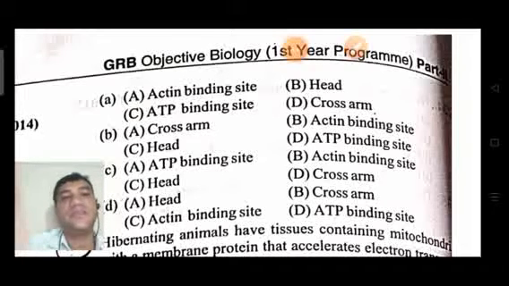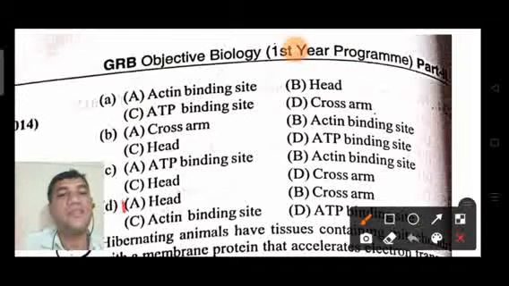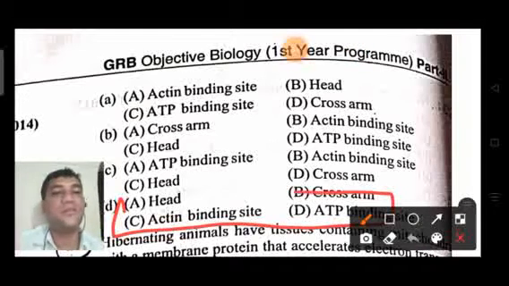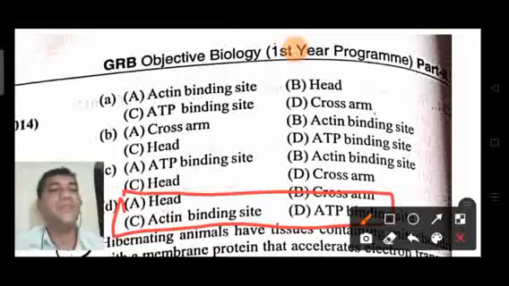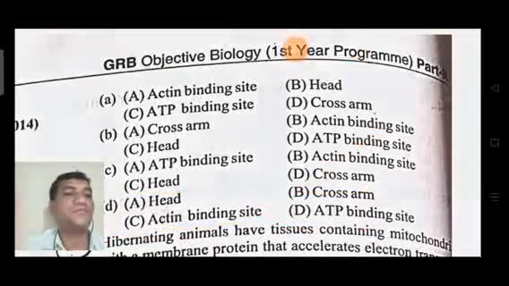Next, D is head. We have already discussed that A is head, so A is not correct. B is cross arm, so nowhere else is B cross arm. C can be actin binding site and ATP binding site. So D option is the right option here.